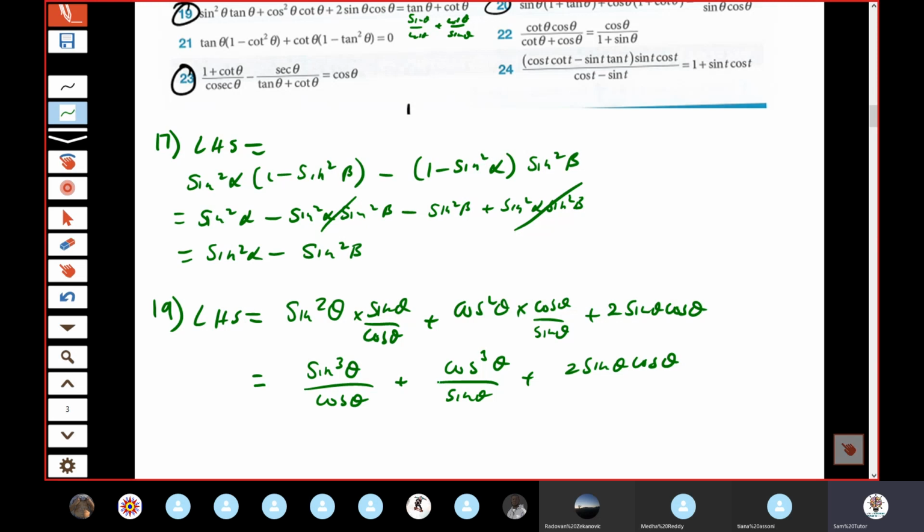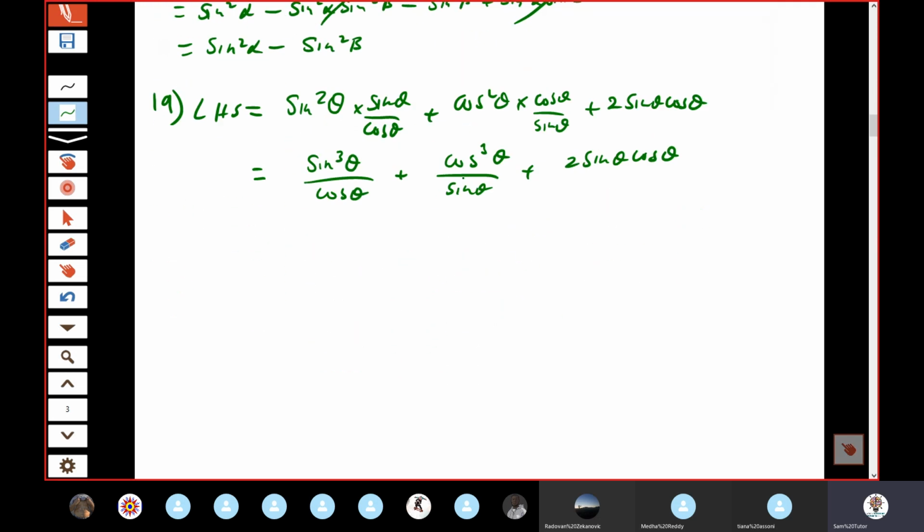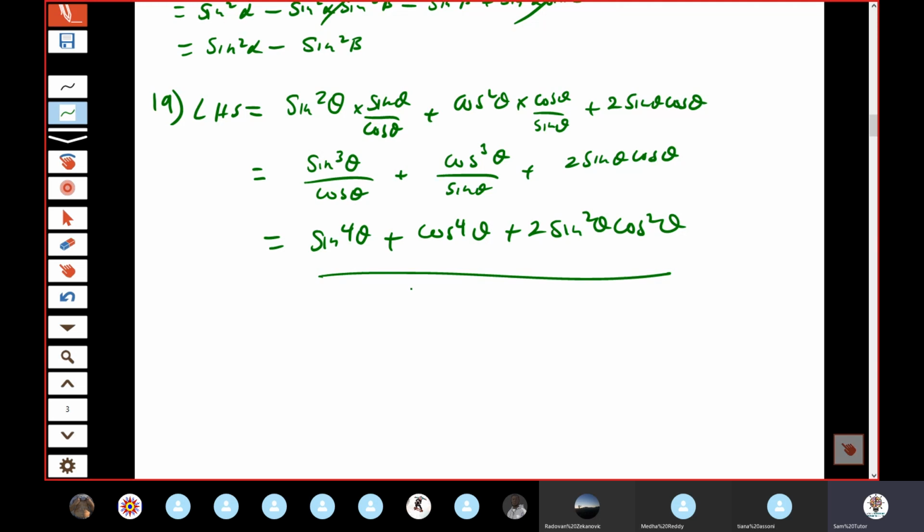That's just how we do them, right? So that equals, common denominator, so that becomes sine to the power of 4 plus cos to the power of 4 plus 2 sine squared cos squared, all on cos theta sine theta. Still with me?